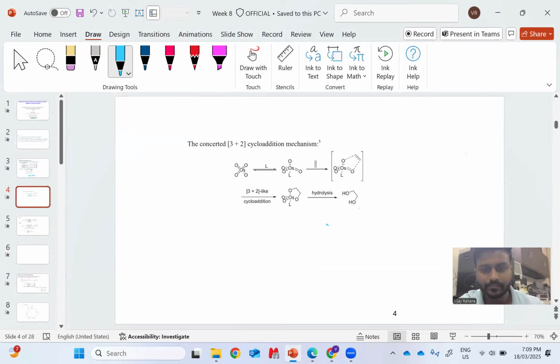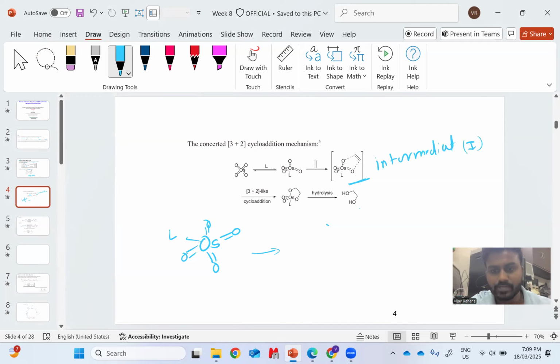Osmium tetroxide, the active species, undergoes [3+2] cycloaddition across the olefin, giving the intermediate I have shown here, in which the ligand drives the stereochemistry and the cis addition across the olefin.